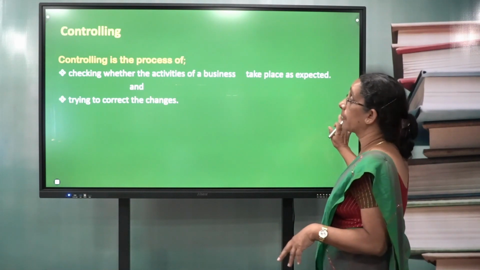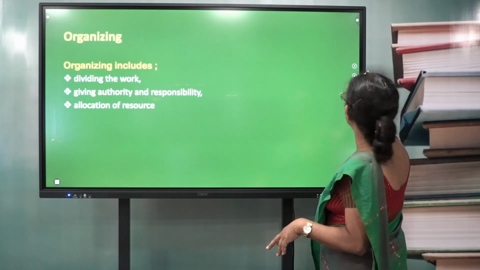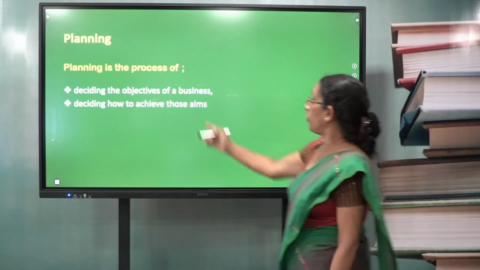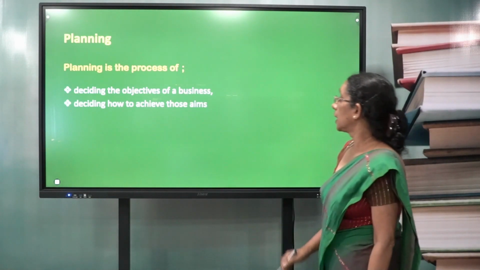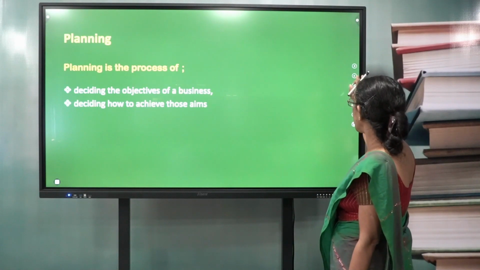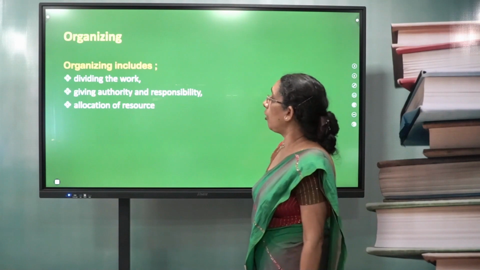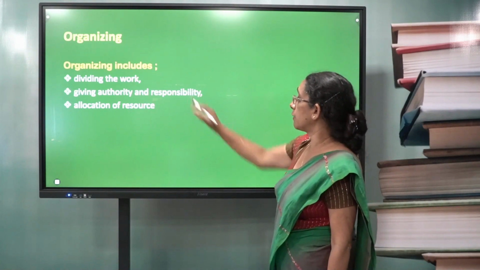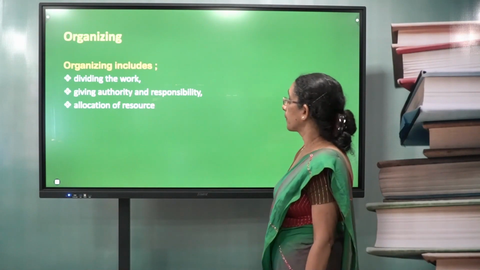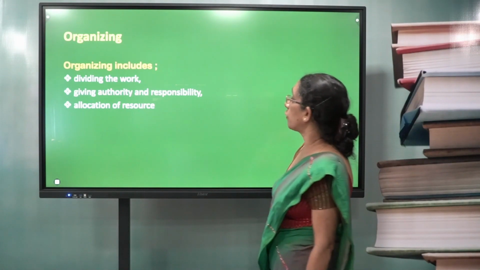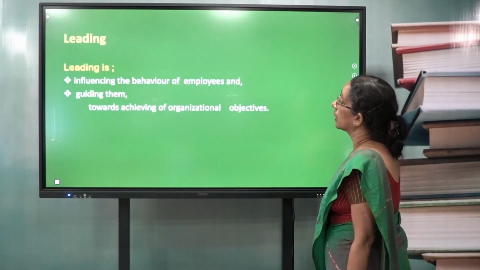Planning is to set objectives of a business and decide how to achieve those objectives. Then we have organizing. What is organizing? Organizing means dividing the work among employees, giving authority and responsibility, then allocation of resources. Now we have leading.